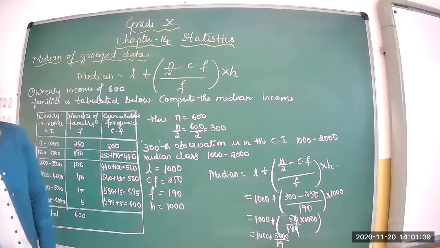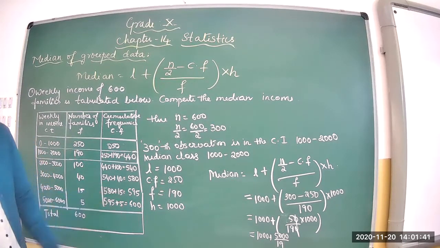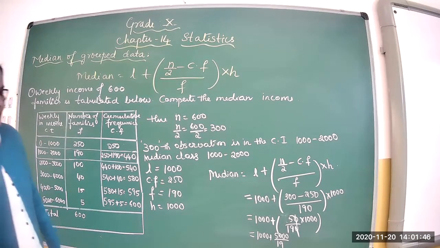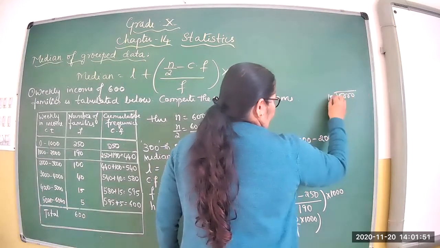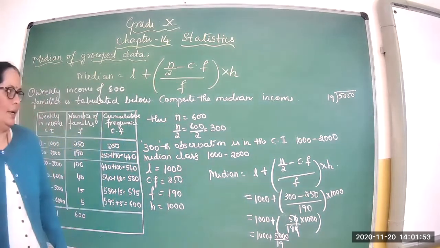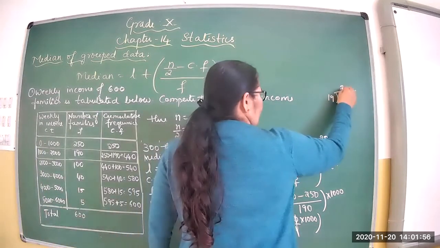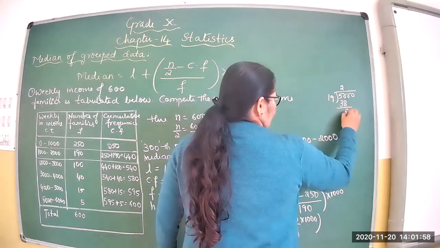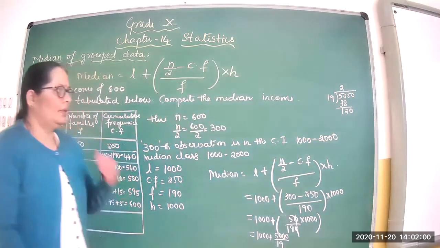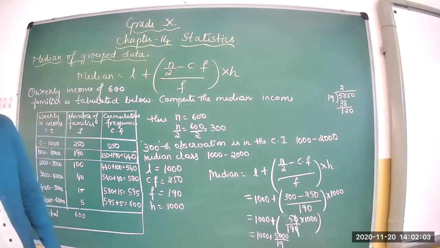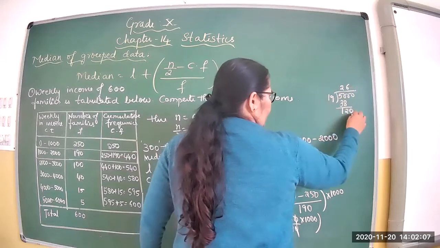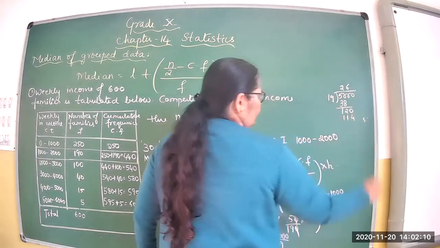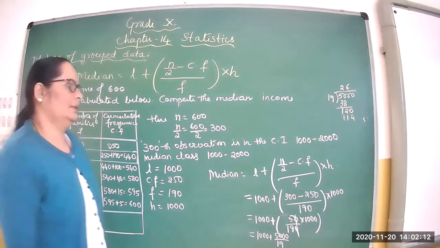So 5000 by 19, how much is it? Calculate. 5000 by 19. 19 twos are 38. Then 120. 19 sixes are 114.